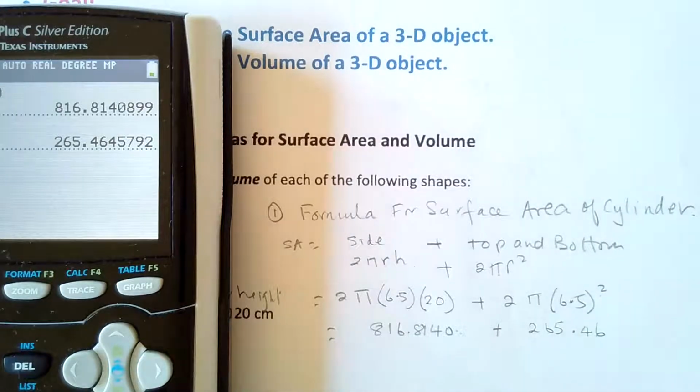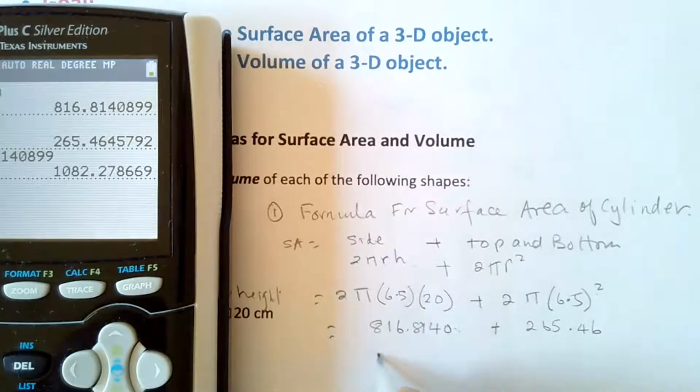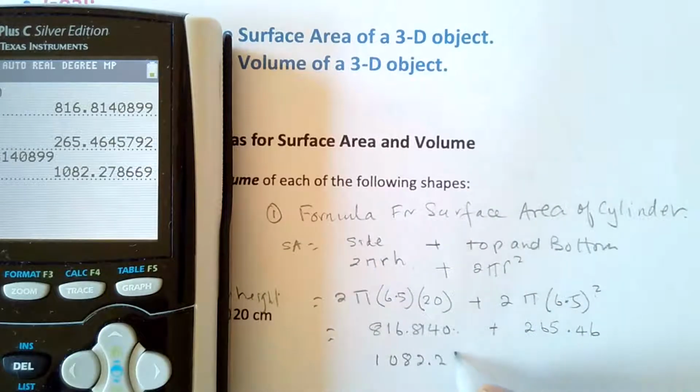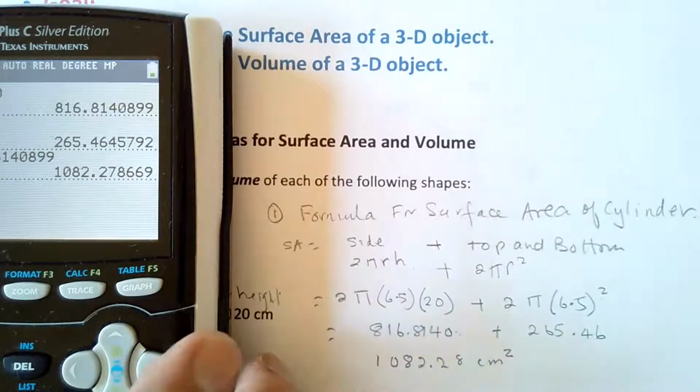Now add those two. So we get plus 816.814, gives me an answer of 1082.2. I'll round this up to 2 decimal places. That will give me 1082.28 centimeter square.